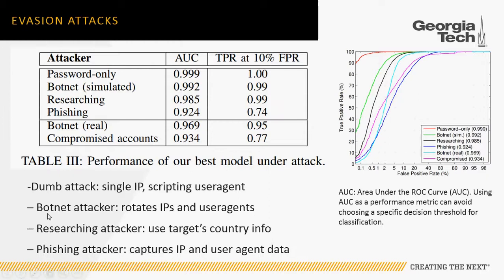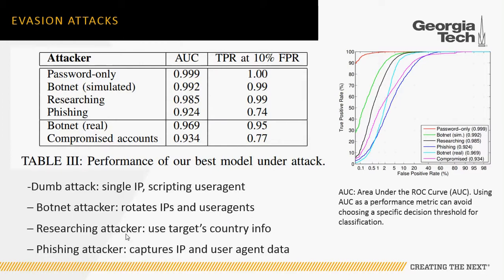And then another large category is the botnet attacker. Because there are so many bots, it can have a lot of different IPs and different agents. There is a much higher chance of successful login.